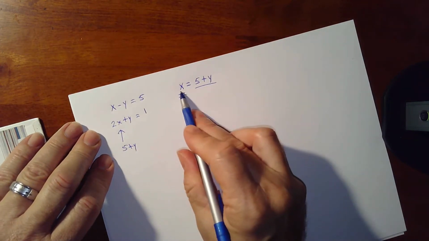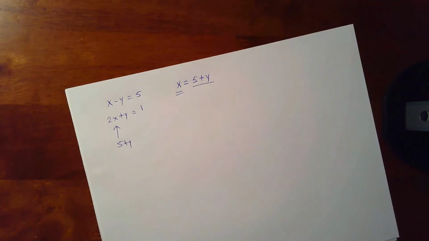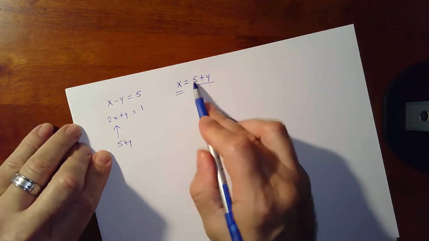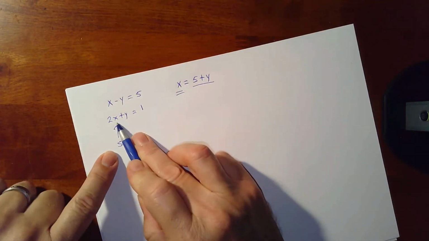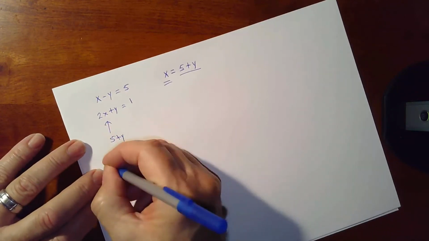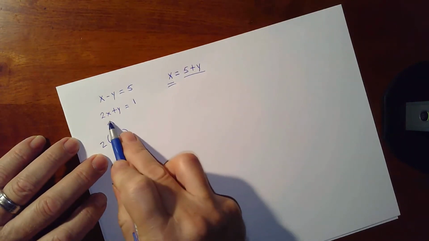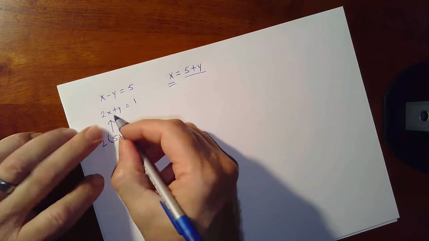That's what this term is, right? Substitution method. I'm going to substitute one variable. I isolate it and then I substitute that value into the other equation. What was the other equation? It's 2 times 5 plus y, right?